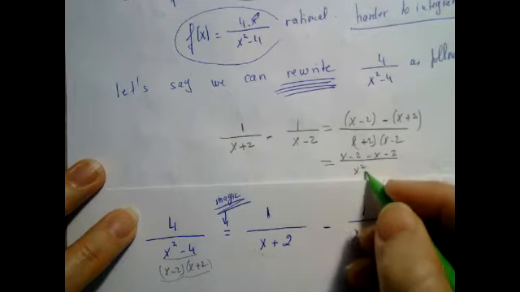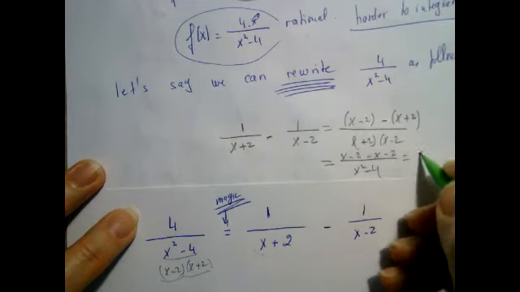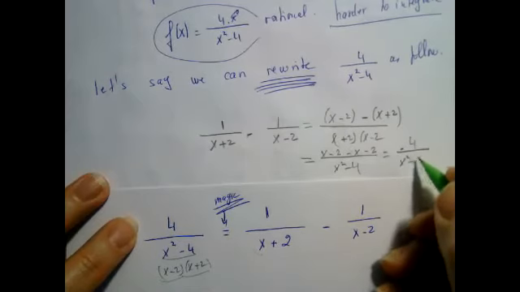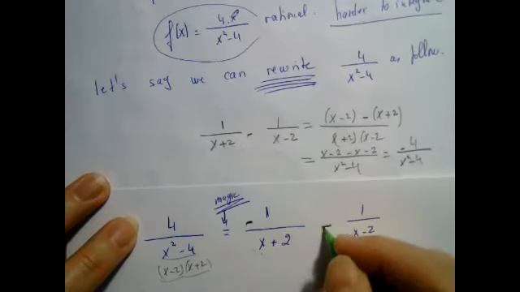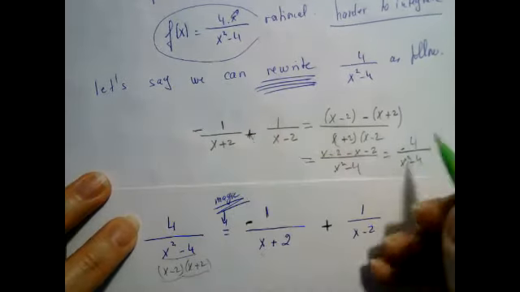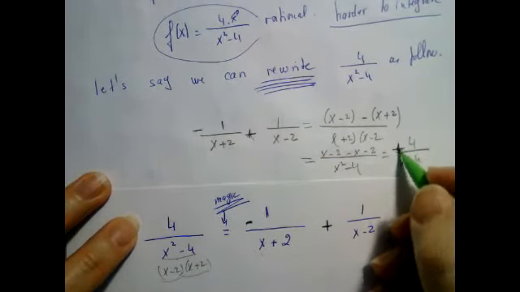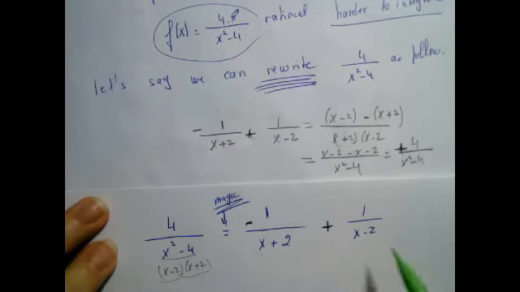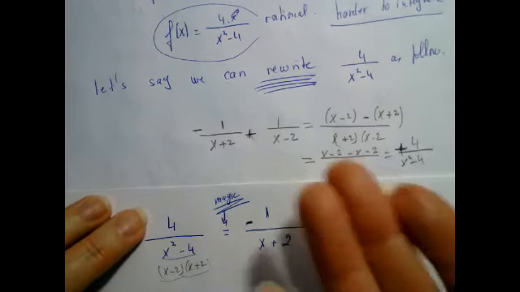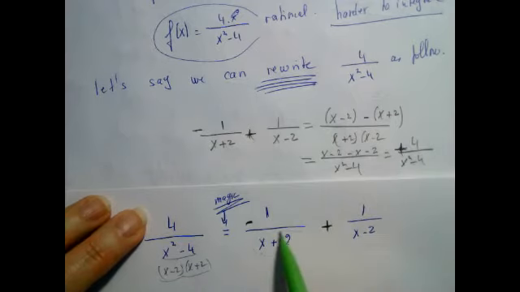Divided by x squared minus 4, which gives me plus 4 over x squared minus 4. So rewriting means write this expression as a sum of things, but they are the same. I'm not changing it, I'm just making it a little bit simpler. It's important to notice that here are the factors of the denominator.